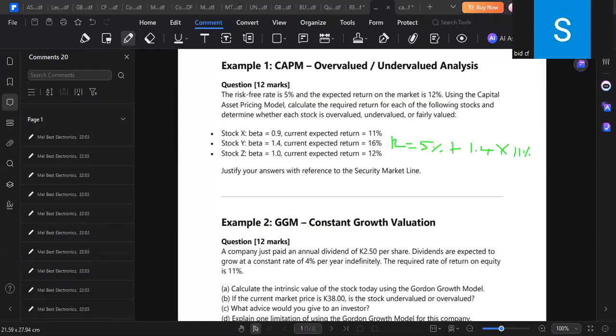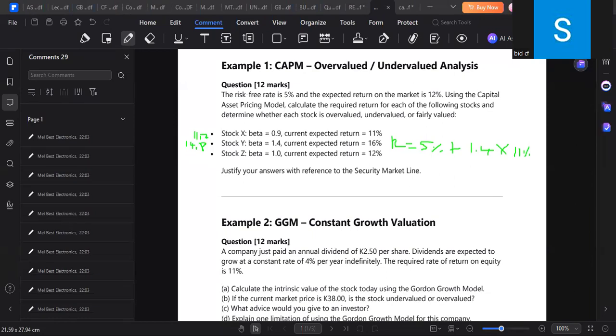So can somebody comment? 14.8%. Is this overvalued or undervalued? Here we found 11.3. So here our conclusion was what? Our conclusion was that it was overvalued. The 11.3 was more than the 11%.